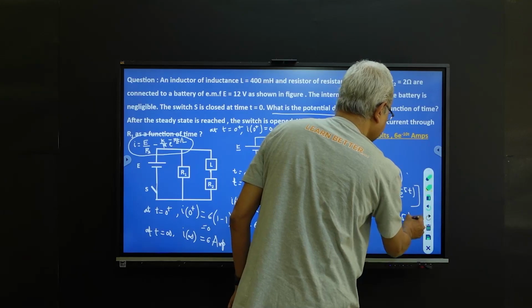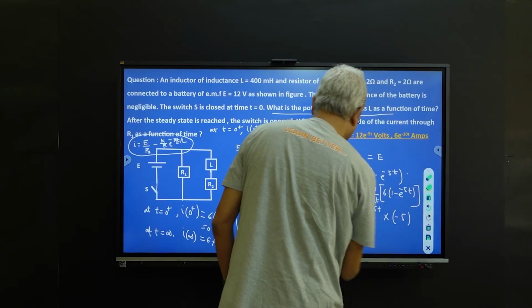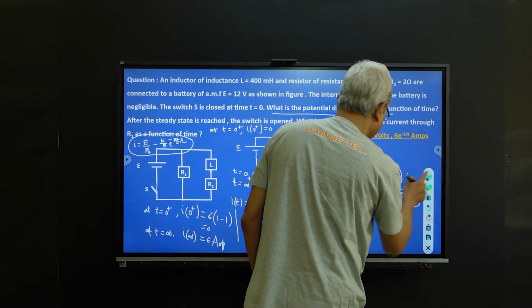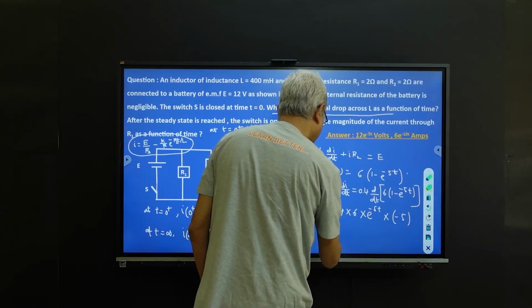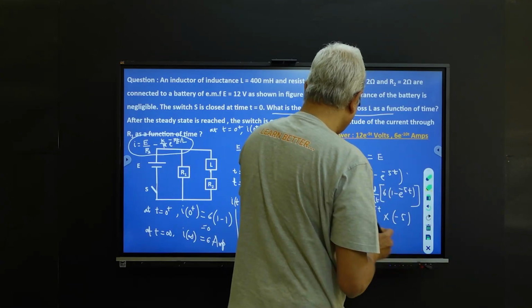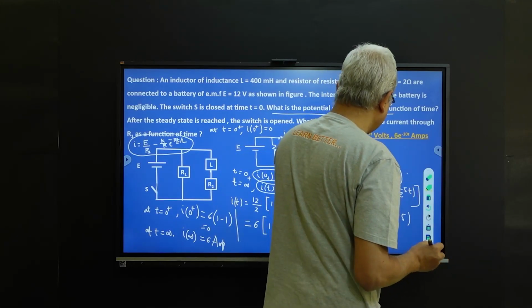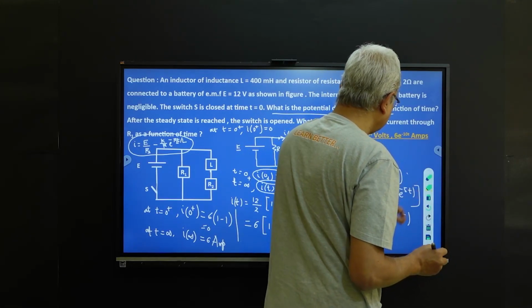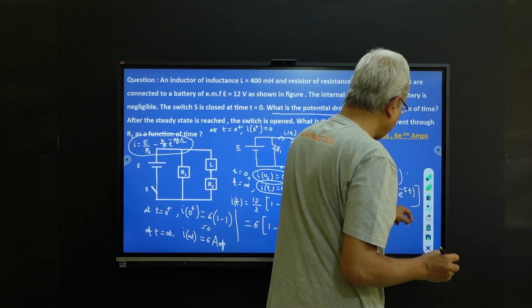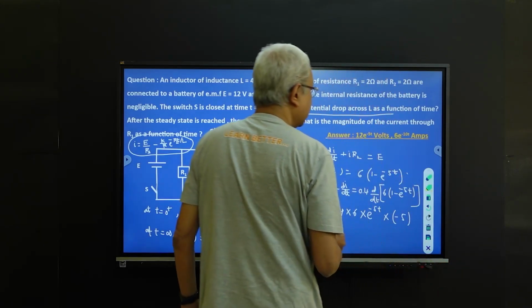So ultimately there will be a negative sign over there. When I differentiate e to the power minus 5t with respect to t, it gives minus 5 e to the power minus 5t.